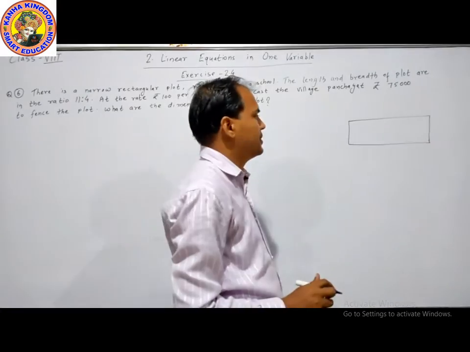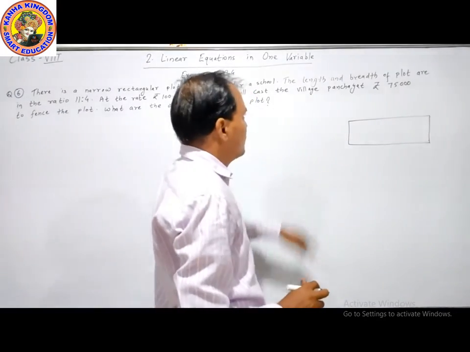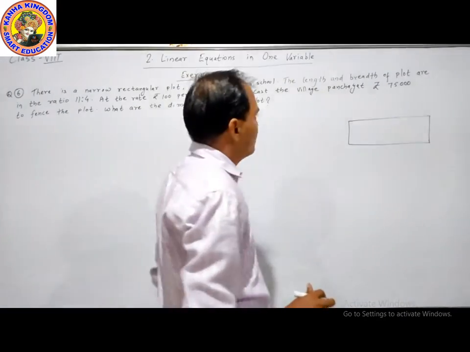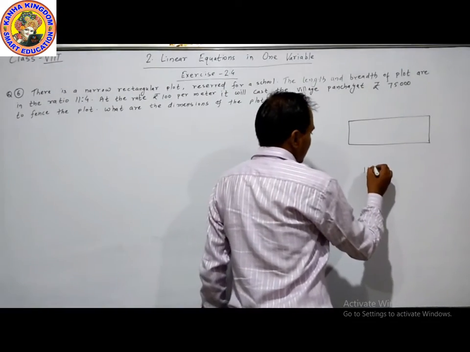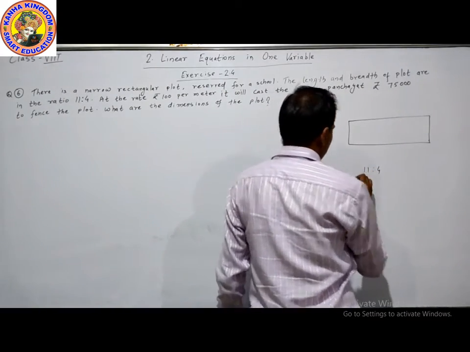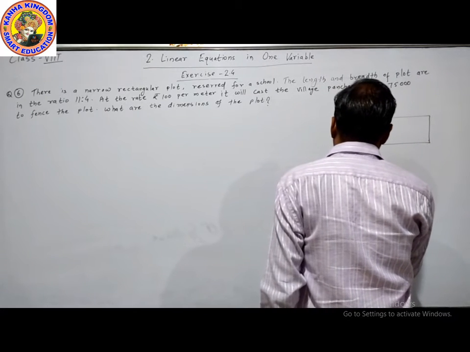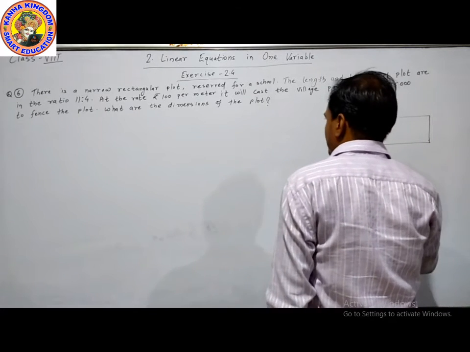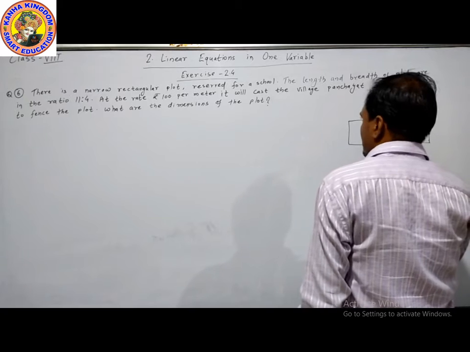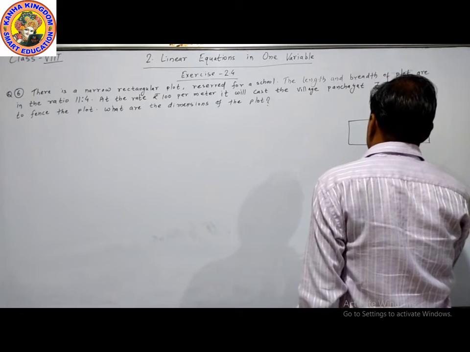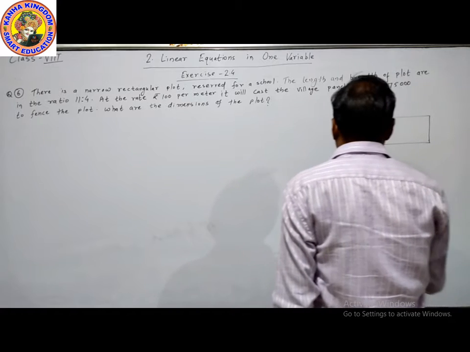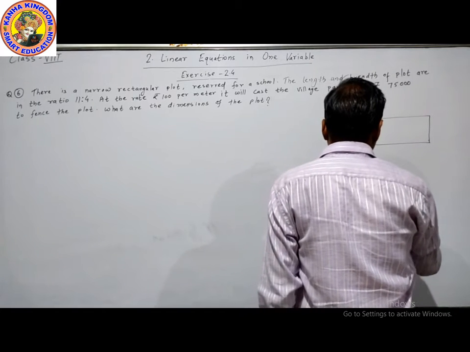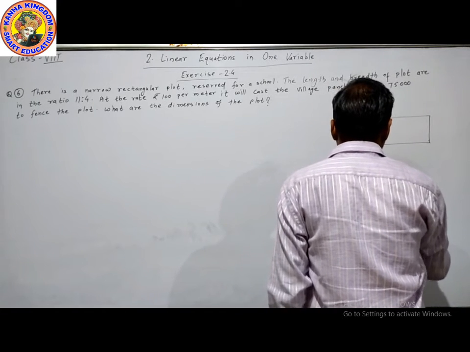The length and breadth of the plot are in the ratio 11 to 4. This is our length and this is our breadth.